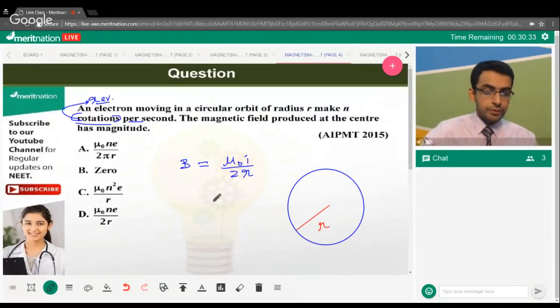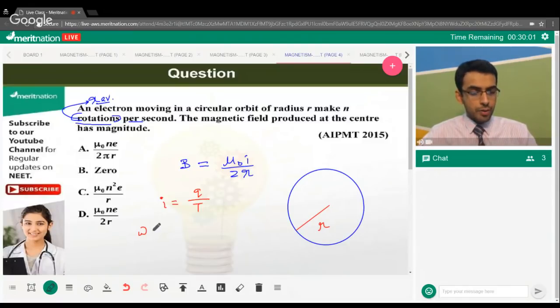So first of all, we need to find the value of I. How can you find the value of current? Current means total charge flown upon time. Let us say capital T is the time period for the revolution of the electron, and omega is the angular frequency, so omega is equal to 2 pi by T. By this we can say capital T is equal to 2 pi by omega.